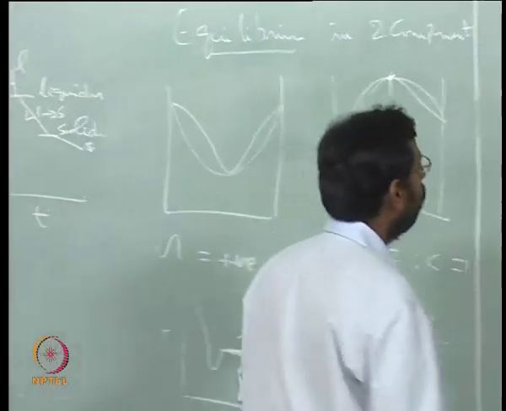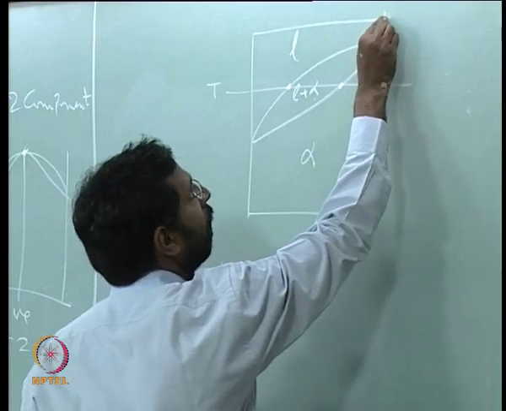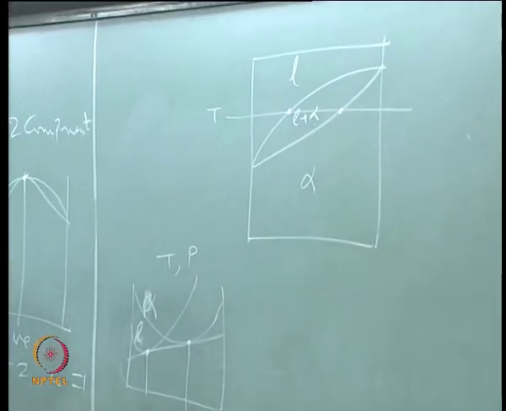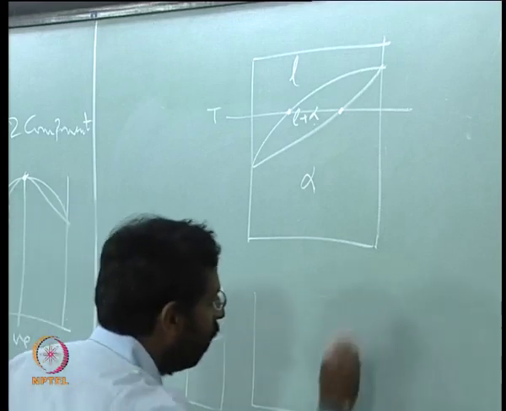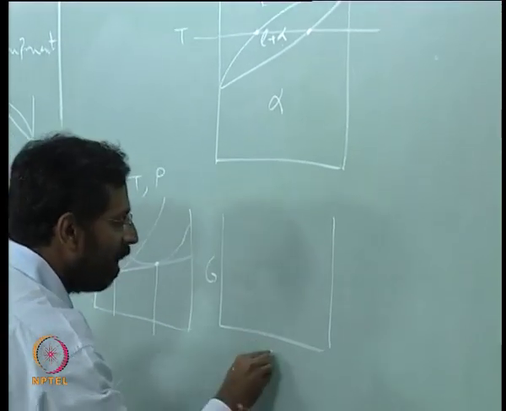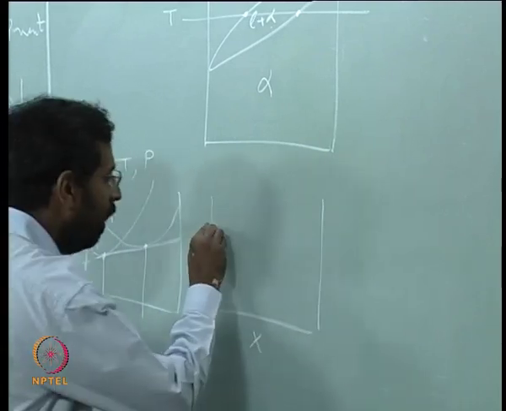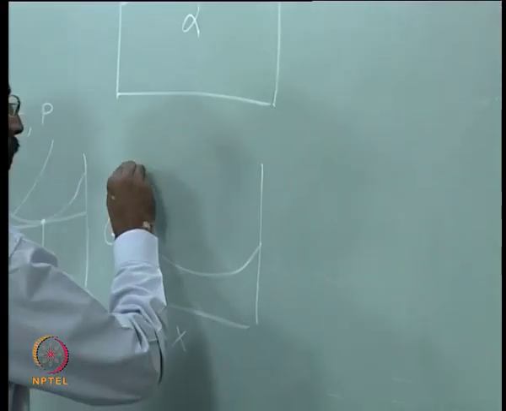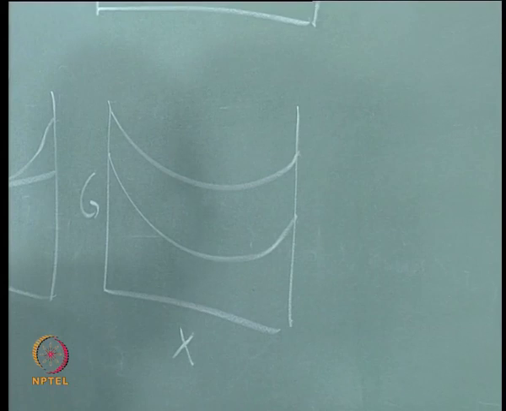If I draw free energy curves at this temperature, what is stable? Liquid. So how should the free energy curves look like? Yes, liquid should be below that of solid. So if I draw G versus X, the liquid curve should be like this and the solid curve should be something like this.